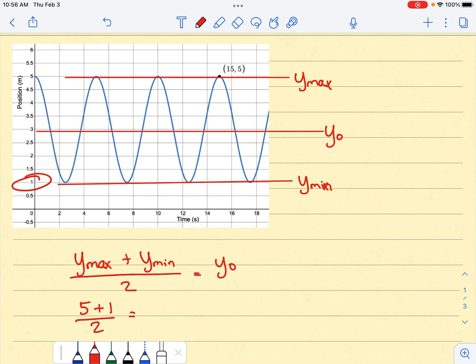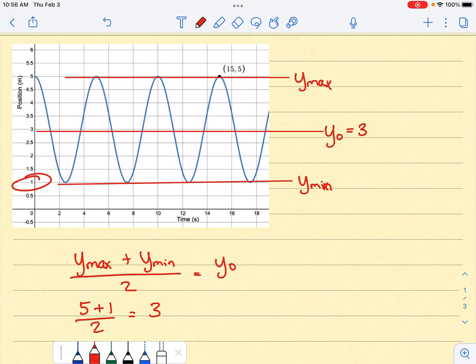We add them and divide by 2, and we get 3, which you probably could have figured out by inspection on this graph. But when the numbers or the graphs don't line up so nicely, it's a little harder to tell by inspection. So now we know the equilibrium value of y. We call that y naught, and that's 3.